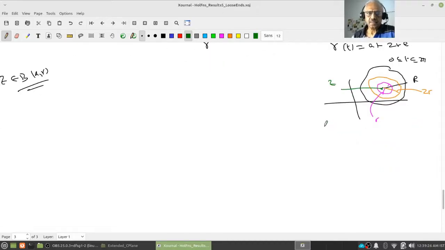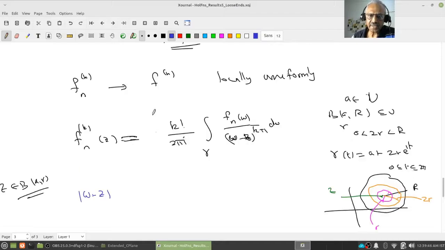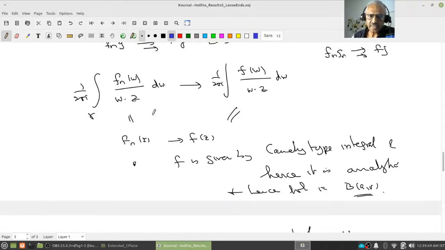So the proof is exactly like earlier. What I have to observe is w minus z. I have to use the ML inequality. This time I am going to use the ML inequality. In fact, last time I could have used the ML inequality directly, but I forgot.